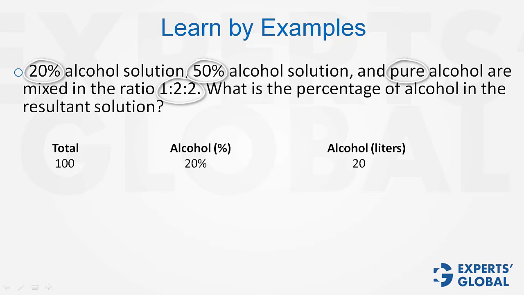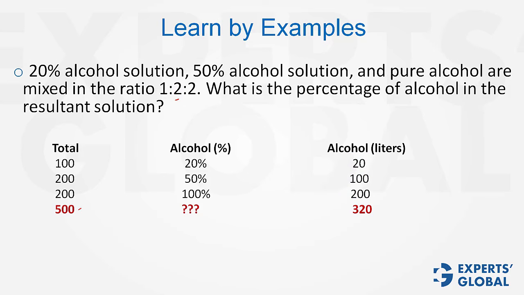That means that the absolute volume of alcohol in the solution is 20 liters. 20% of 100, 20 liters. Second would be 200 because of this 2 here, and 50%, so 50% of 200, which is 100, and then 200 liters of pure alcohol. So 200 pure alcohol means 100%, and the absolute volume of alcohol would be 200 here. Now let's find the totals.